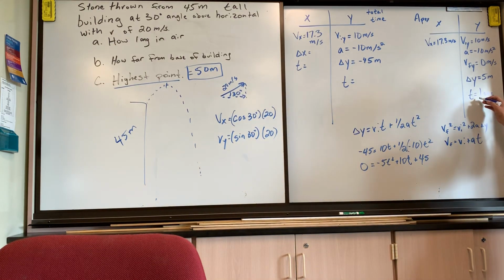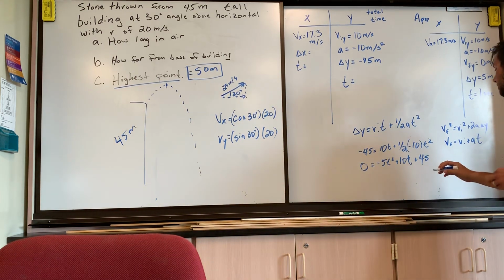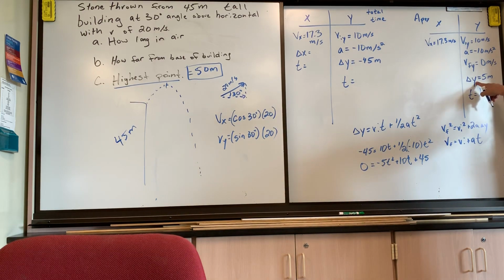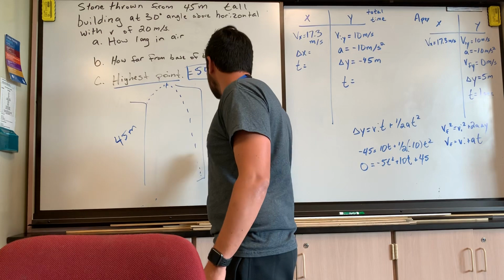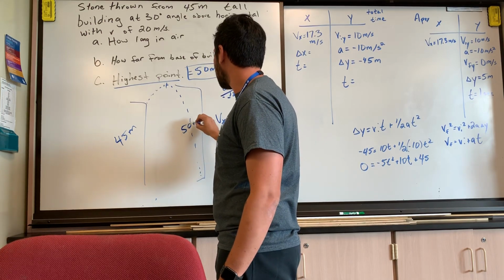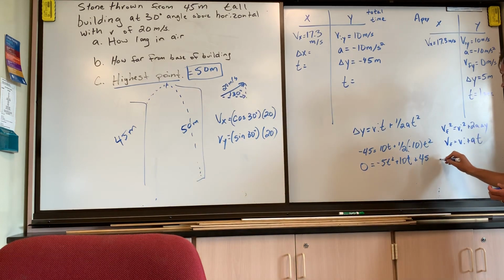So now I know that it takes 1 second to get to that highest point. What I'm going to do now is I'm going to say, okay, I know my delta y from this point is 50 meters. And I'm going to find an additional time to say delta y equals ViT plus 1/2 at squared.